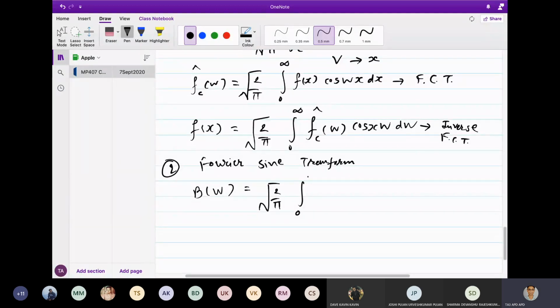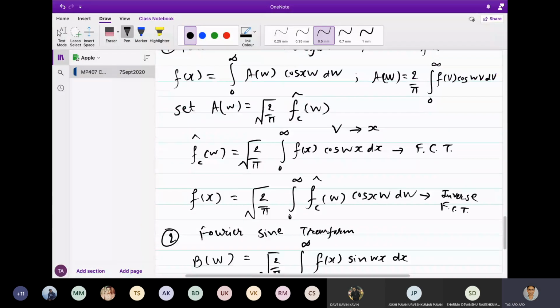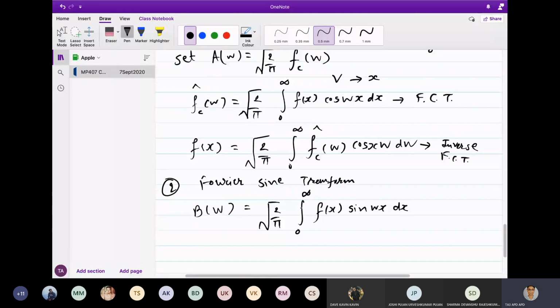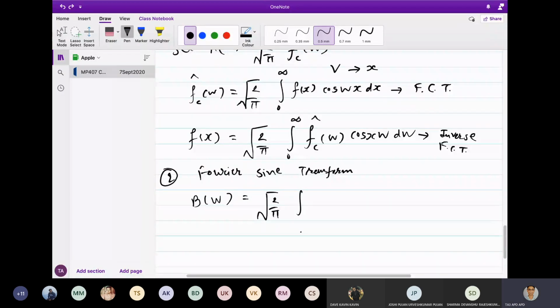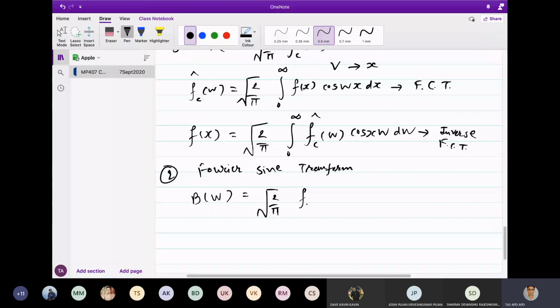So this is going to be 0 to infinity, we'll have f(x) into sin(wx) dx. You are just writing it to be equal to f_s hat. So you are setting this parameter into your original definition of b.